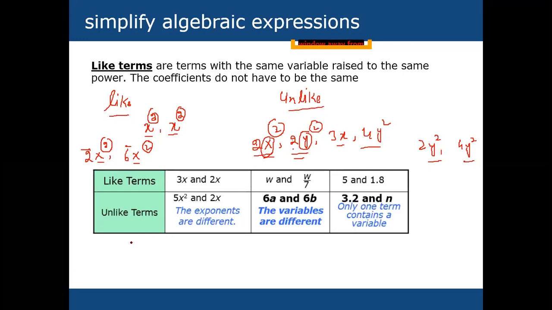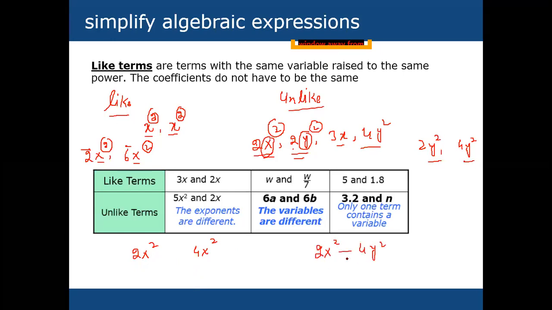Like terms we can add, subtract, multiply and divide. For example, 2x square you can add with 4x square. You can subtract these two, multiply these two, divide these. But for unlike terms, just multiplication and addition are possible. For example, we have 2x square minus 4y square.